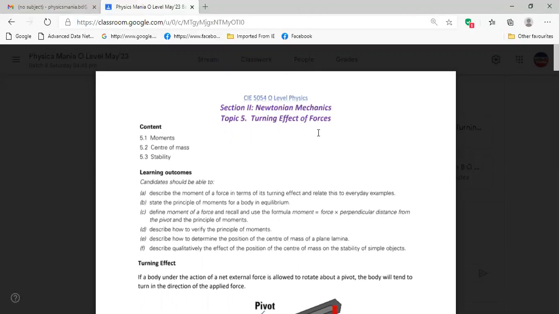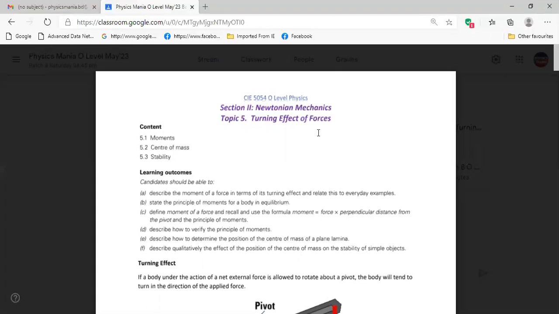Yes, we have two conditions. The first one is related to force, and another one is related to moment. So the resultant moment will be zero, and the resultant force will be zero.